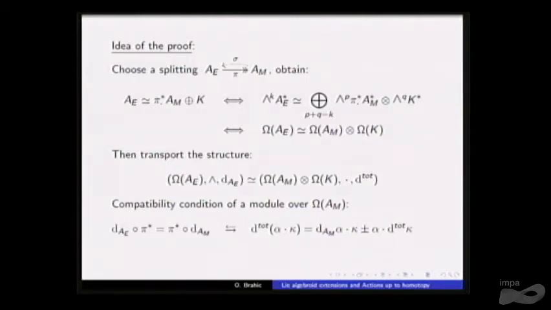This pullback somehow disappears because functions on E are absorbed here. So I'm taking a splitting, and since AE is an extension, this comes with a differential on the space of these forms, and I just transport the structure from here to here.